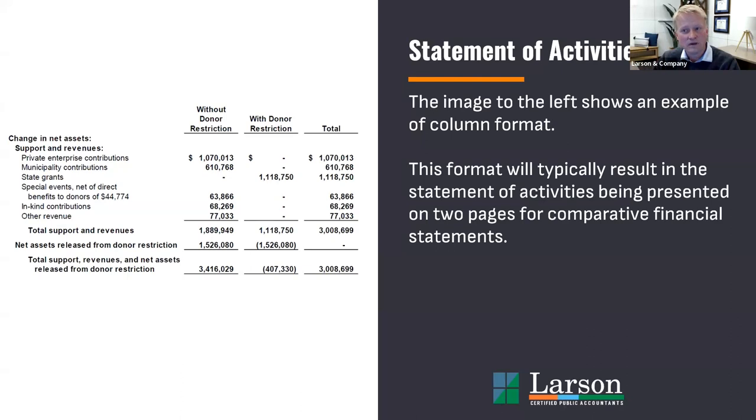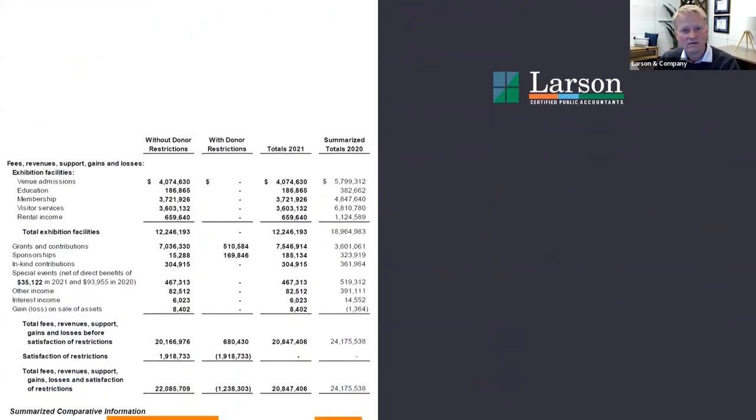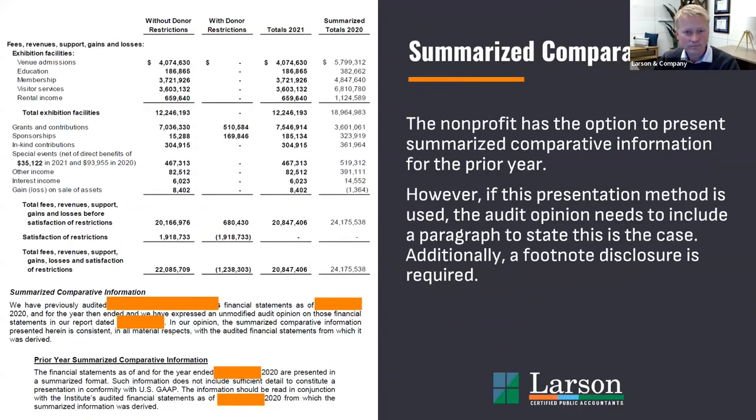Another example that you can do with the column format is a summarized comparative statement of activities. The catch here is that it is not in accordance with GAAP because it's not fully comparative. You don't have the breakouts between without donor restrictions and with donor restrictions within the financial statements, so it is not a GAAP presentation.